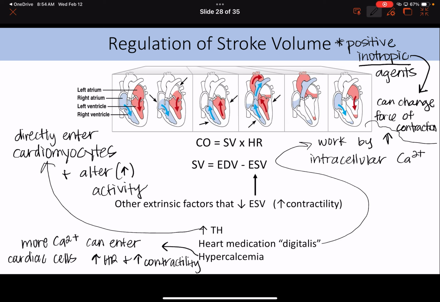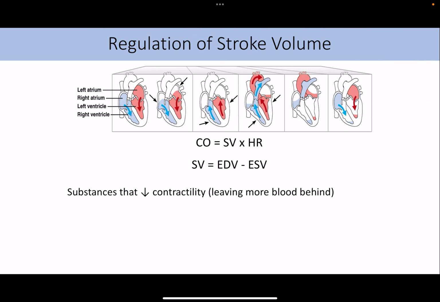Substances that decrease contractility, and again, we would call this a negative inotropic agent, are calcium channel blockers. This is used if the heart is damaged or you have coronary ischemia and you want to decrease the overall effort of the heart.